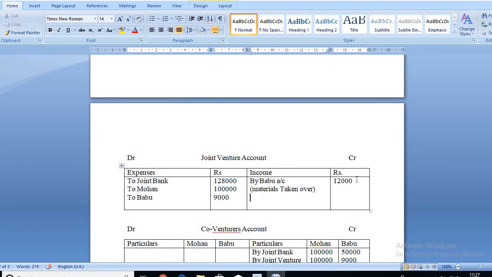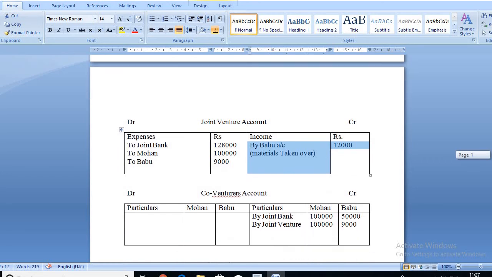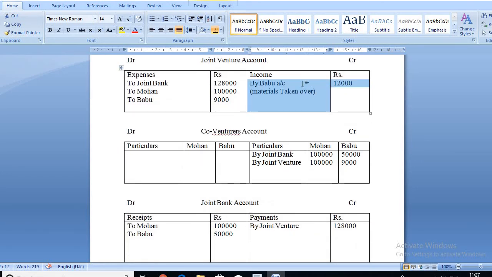So one aspect is over, the credit aspect is over. Now for the same entry, you have to make cross posting. Here Babu account is credited, so in Babu account you have to make a debit entry. How much? 12,000, to joint venture account. So Mohan nil. The fourth transaction is over.